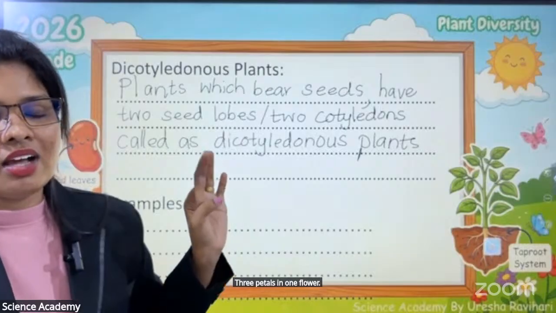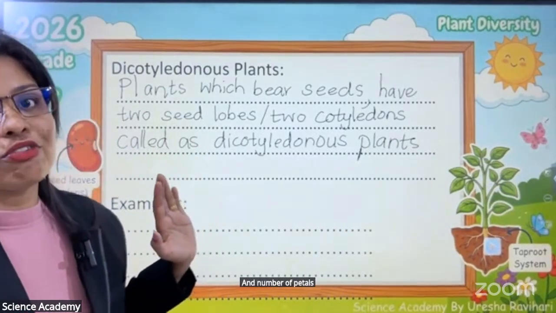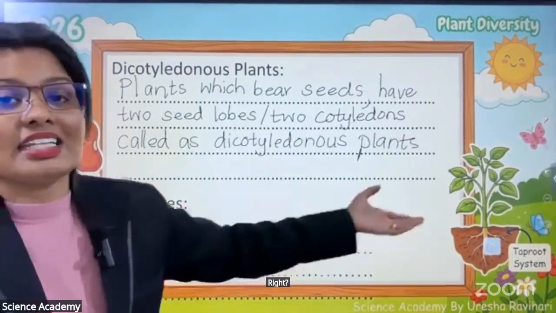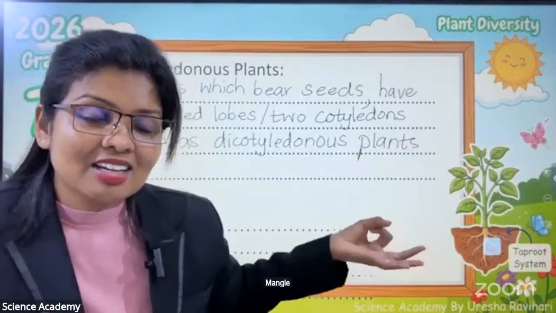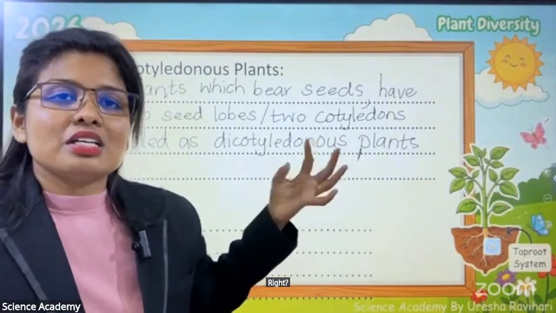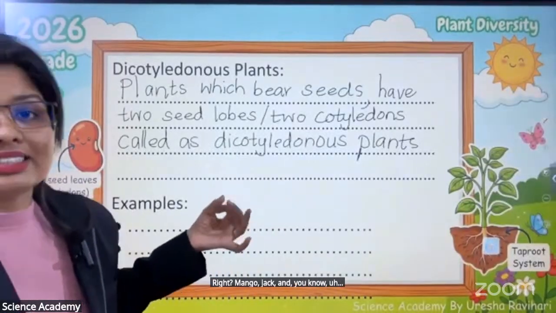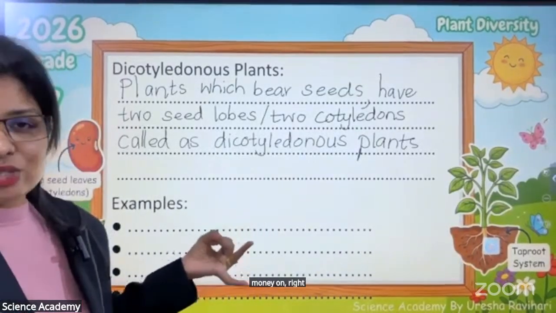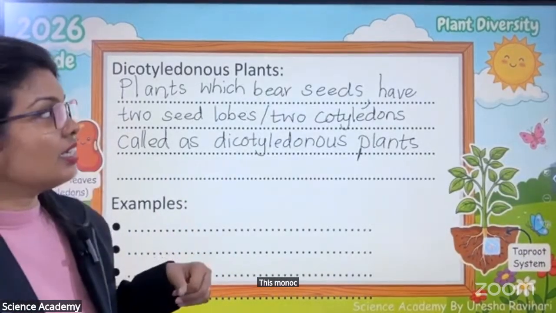Three, four number of petals available in the flower, and it has a branched stem. Mango, jack, and banyan.